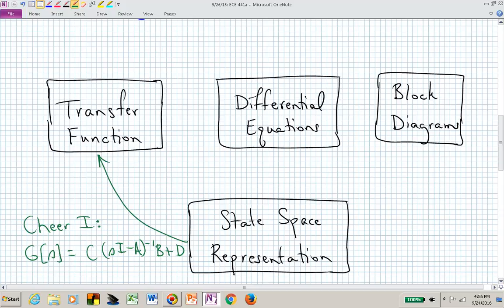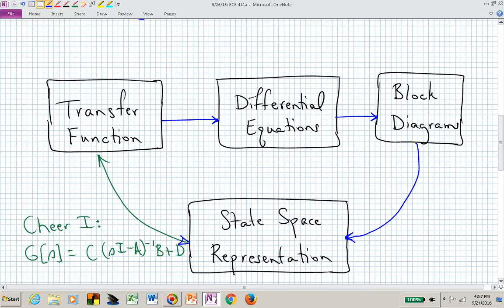What we want to do today is figure out how we can go from a transfer function to a state space representation. We will show how to do that by first converting a transfer function into a differential equation, or a set of differential equations, taking those into a block diagram, then by assigning state variables as the outputs of our integrators, we can immediately find a state space representation.